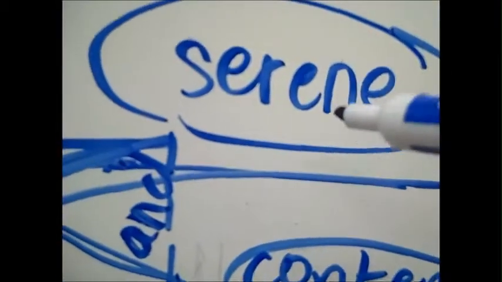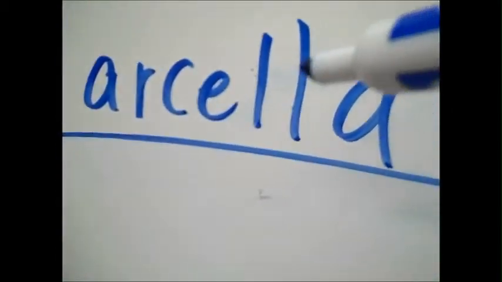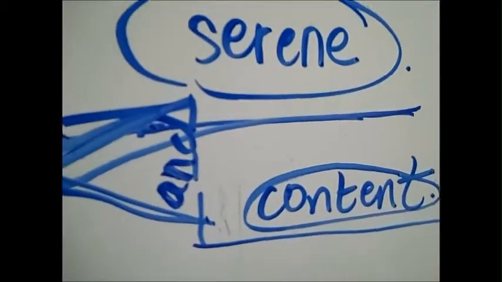So these are predicate adjectives telling us more about our subject. The reason why they're called predicate adjectives is because they come after the predicate near the end of the sentence.